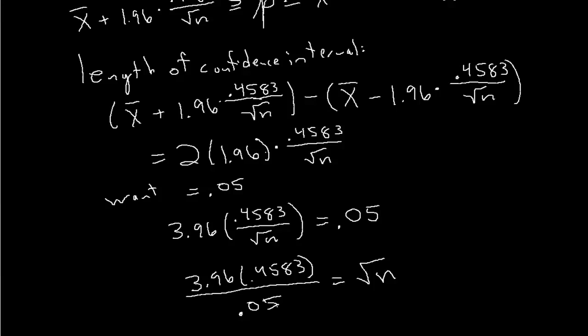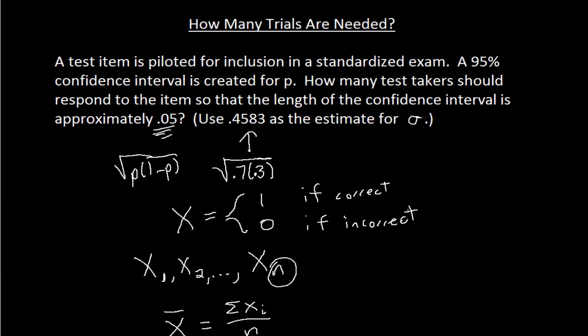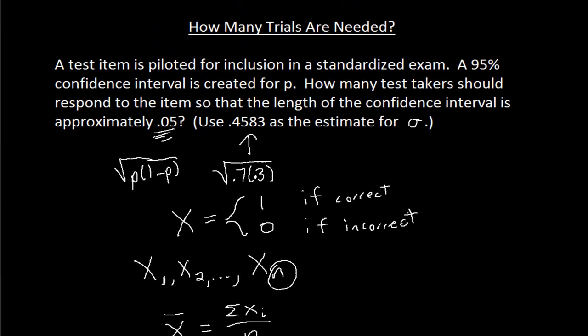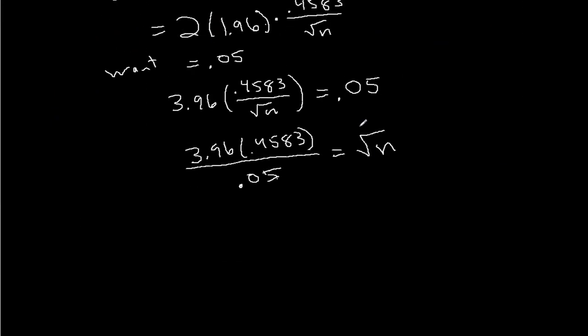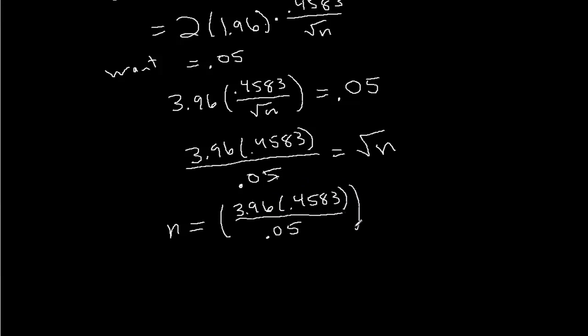Although, as I say that, I'm being a hypocrite because I rounded this value instead of using the square root of 0.21. Okay, so that's the square root of n. So n itself is just going to be the square of this. So we have 3.96 times 0.4583 divided by 0.05 squared.